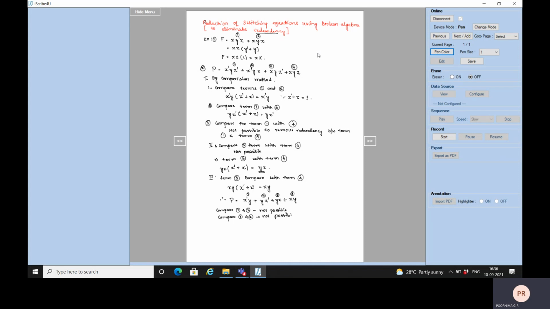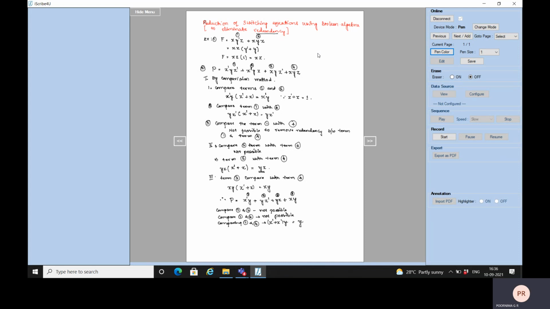Whereas by comparing 1 and 4, we see x bar plus x with y as a common variable. So therefore this leads to y.